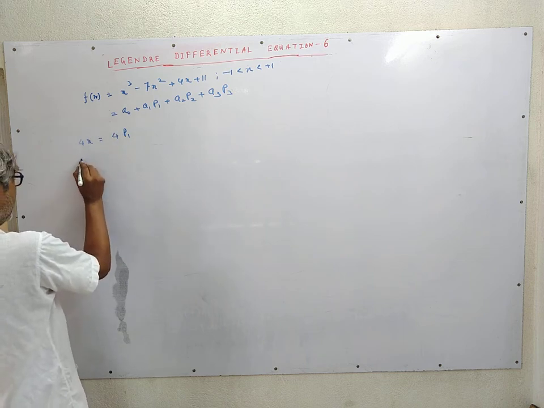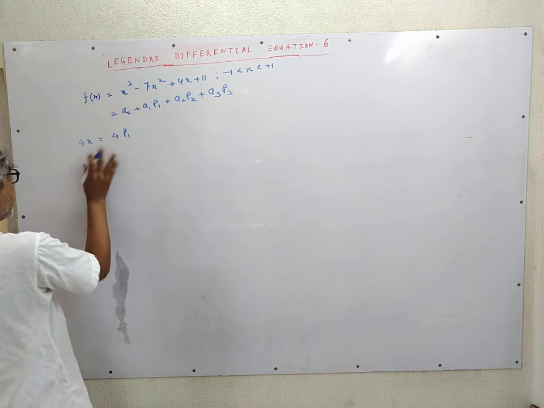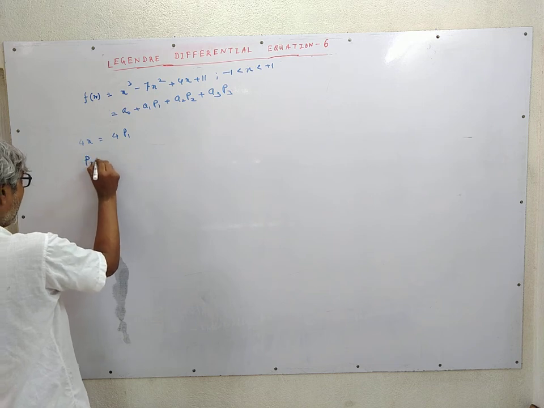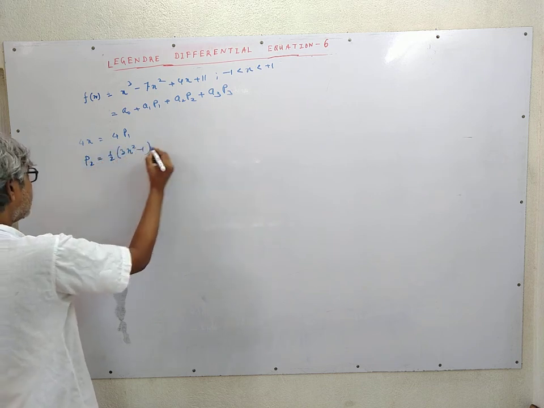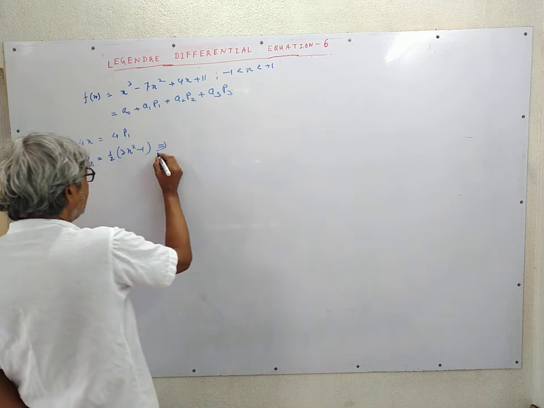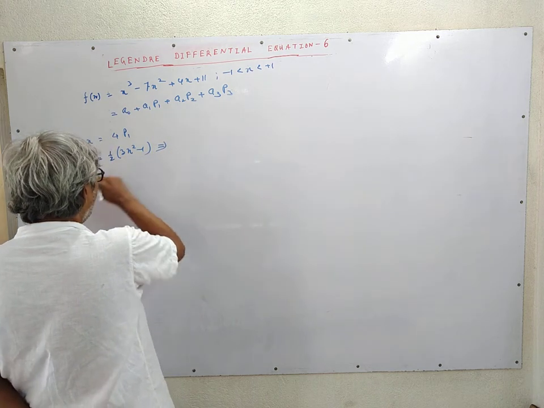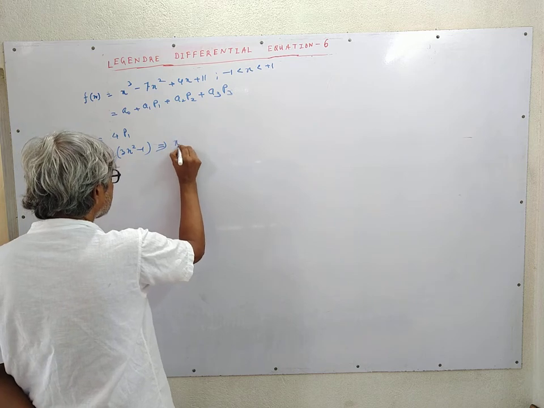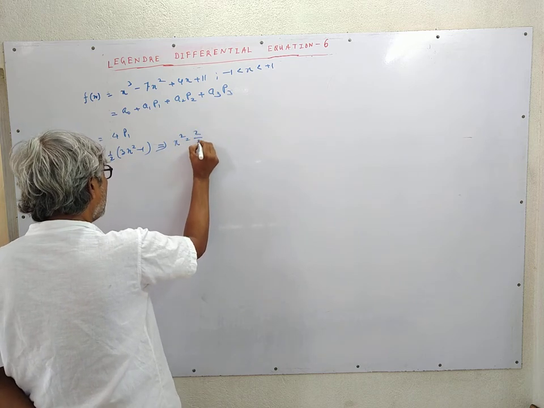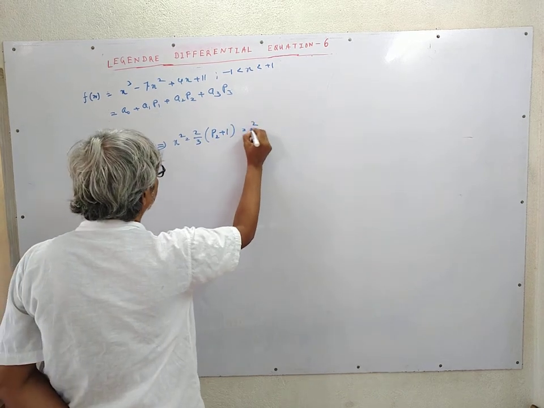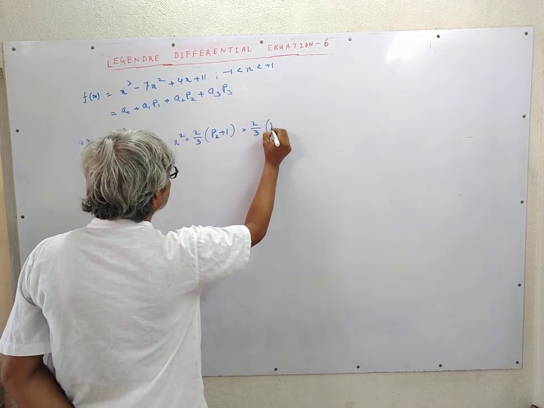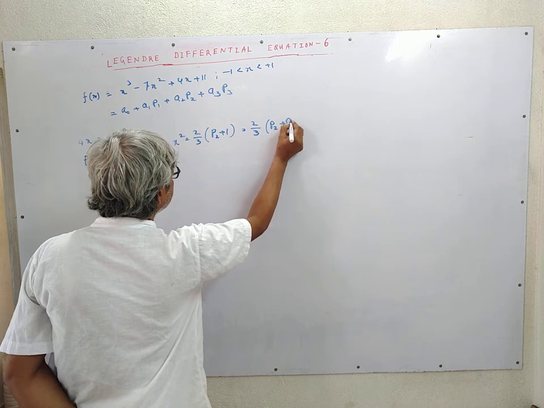For 7x square, you know that P2 of x is equal to half of 3x square minus 1, which gives you x square is equal to 2 by 3 P2 plus 1 by 3, which we can write as 2 by 3 P2 plus 1 by 3 P0.